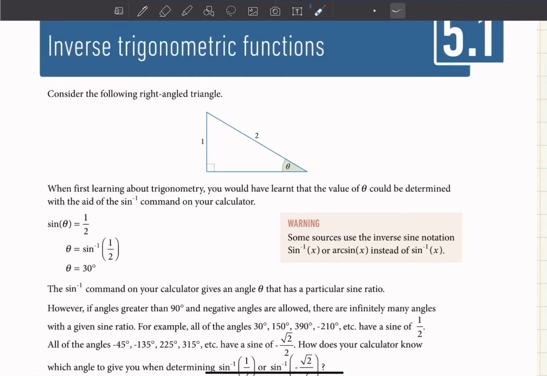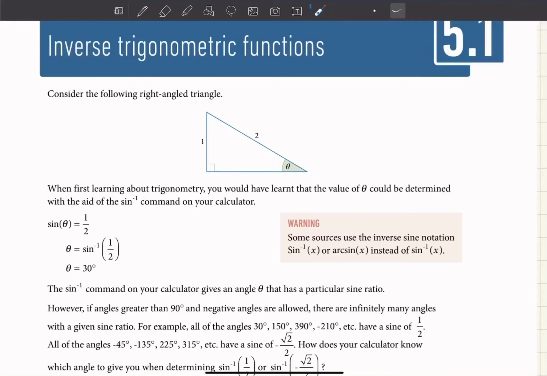Okay, we've got 150, that's 180 degrees minus 30 degrees. We've got 390, that's 360 plus 30 degrees. So using our rules of revolutions, we get the same ratio of opposite over hypotenuse of 1 on 2.